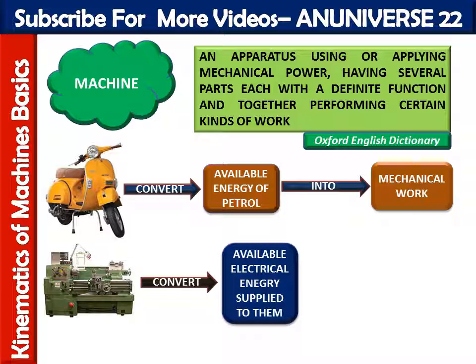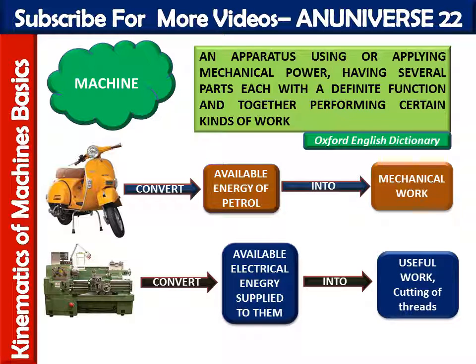The energy that we supply to the lathe is electrical energy, so the lathe converts it into useful work. Useful work may be cutting of threads, it may be turning a rod on the lathe, it may be facing a rod on the lathe. So these are the examples of machine.